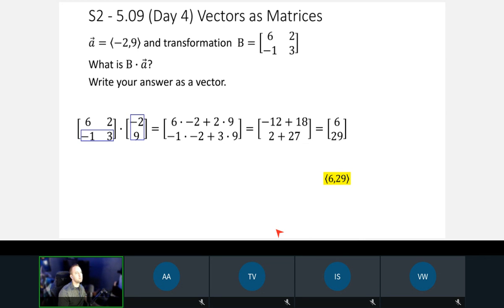So like this, xy times x. I would not call this x and y. I would call this a, b, c, and d. So it's a and b times x. I'm sorry.